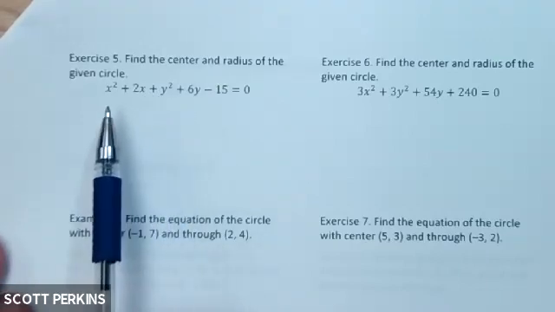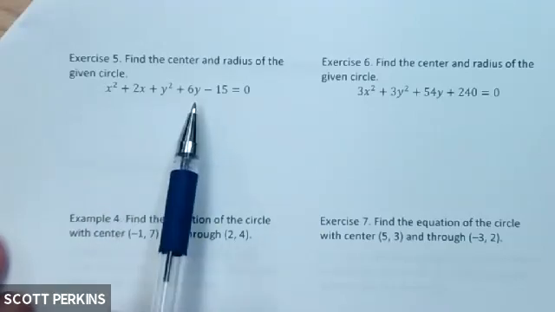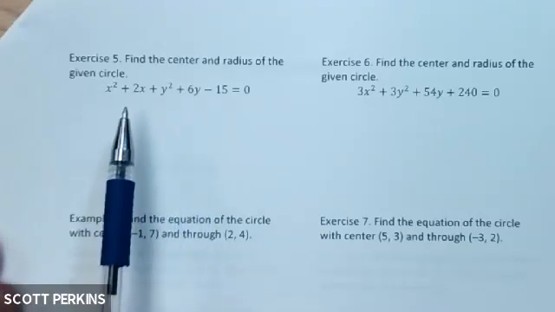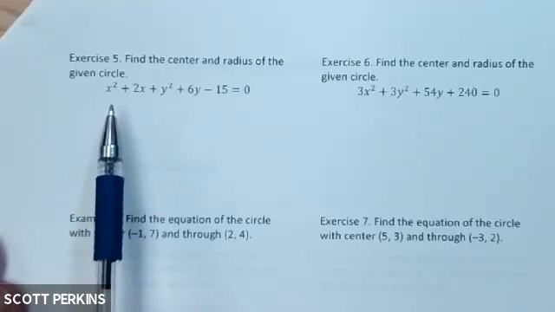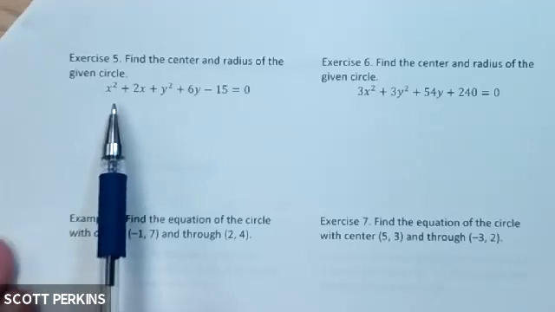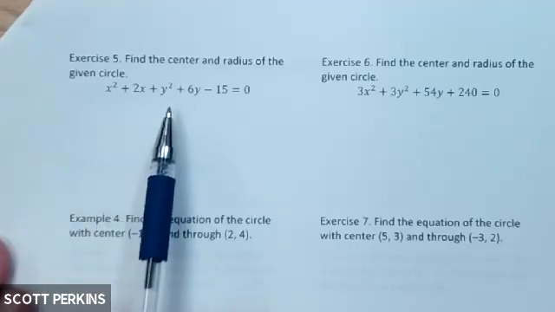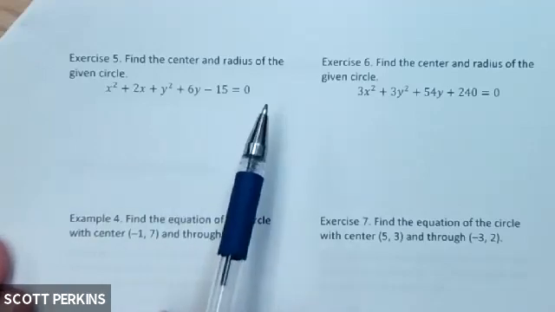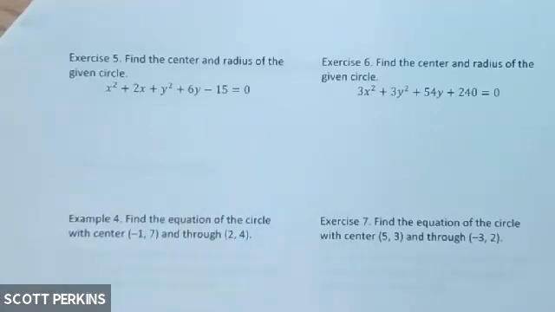Okay, so we did 2 problems like this last time, so you can look back on your work on the previous page. Just to give you a hint, what you're going to do is you're going to group the x's, you're going to group the y's, you're going to put this number on the other side, and then you're going to complete the square so that you can determine the center and radius.